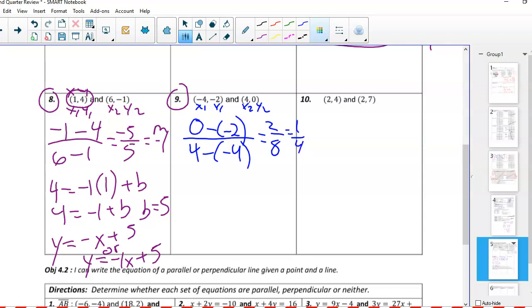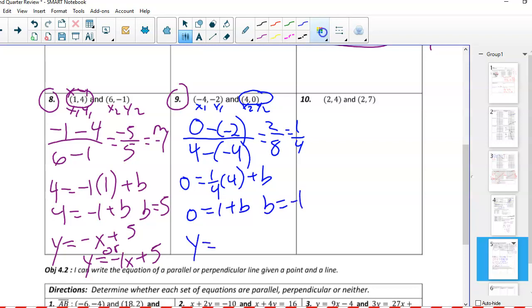And then we can choose either point to find our b. I'm going to use this one because it has a 0 in it. So 0 equals 1/4 times 4 plus b. What's 1/4 times 4? 1. What is b? -1. So what is our equation? y equals 1/4 x plus 1. Oh no, sorry, -1.